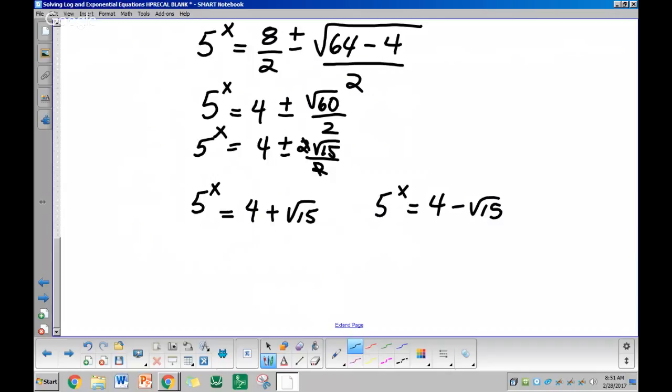Root 15 is going to be just a little bit less than 4, isn't it? Because root 16 is 4. So I know they're both positive, so I'm going to take the natural log of both sides. So I get x natural log of 5 equals the natural log of 4 plus root 15.